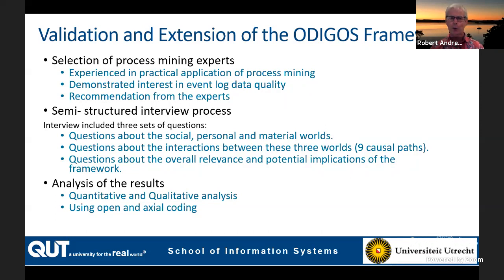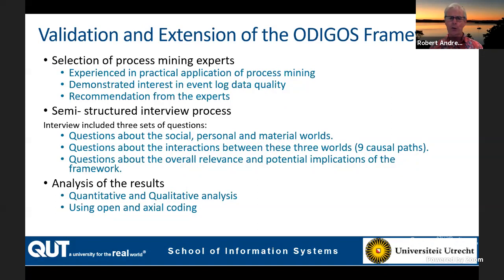So we engaged in some purposive sampling to select 11 process mining experts from 6 different countries. We considered experts to be people who have demonstrated practical experience across several domains, to have multiple process mining related publications and an expressed interest in data quality. We interviewed the experts online to determine their views on the relevance and usefulness of the individual worlds and of 9 causal paths that we extracted from the framework in explaining event data quality issues.